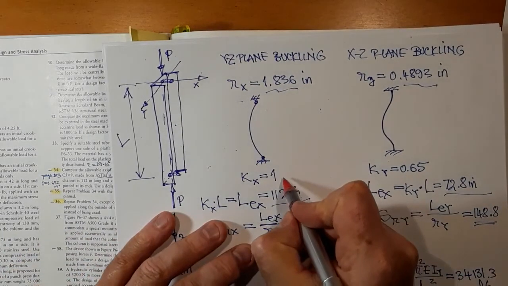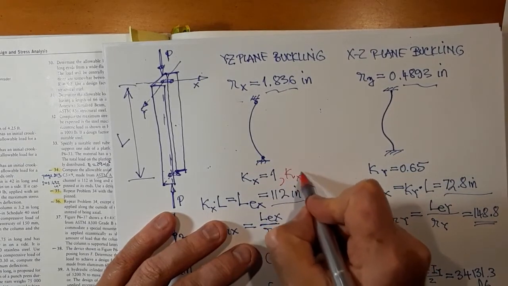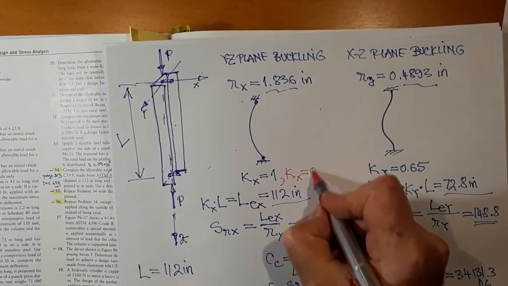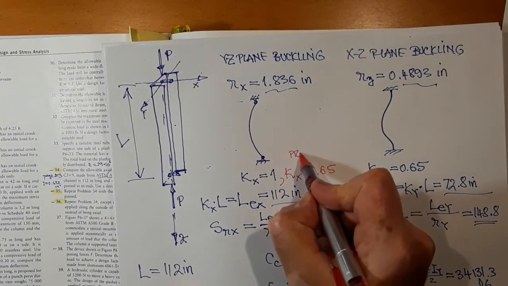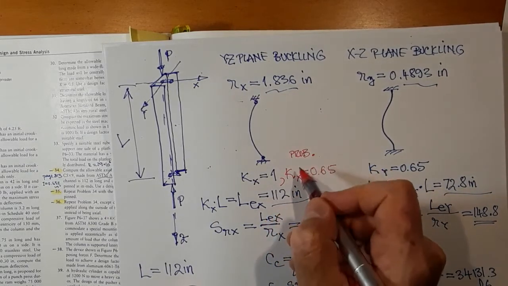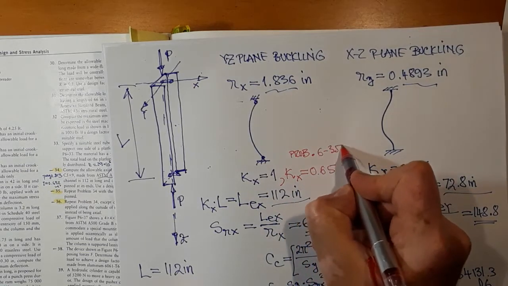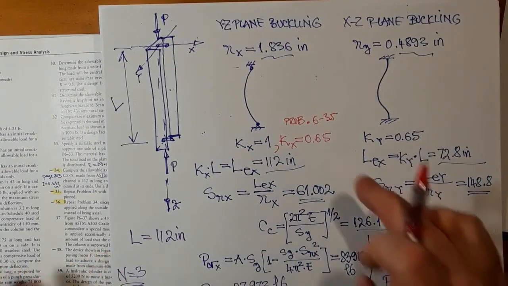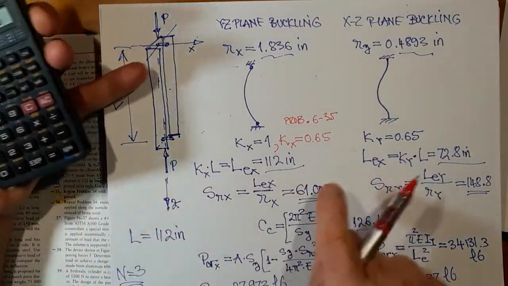So this value changes. Kx is now 0.65. Again, this is for problem 35. And how is this going to propagate? So I have the equivalent length changing.